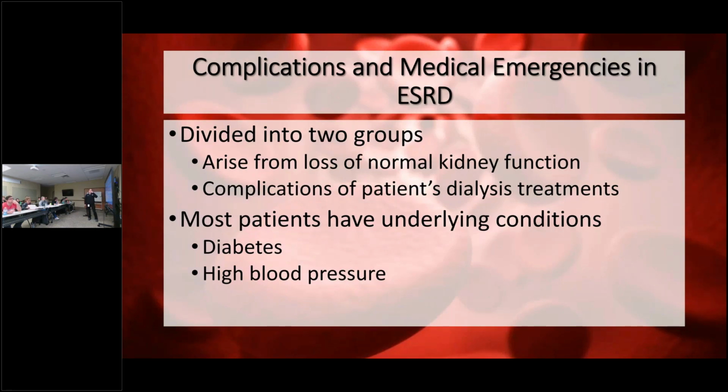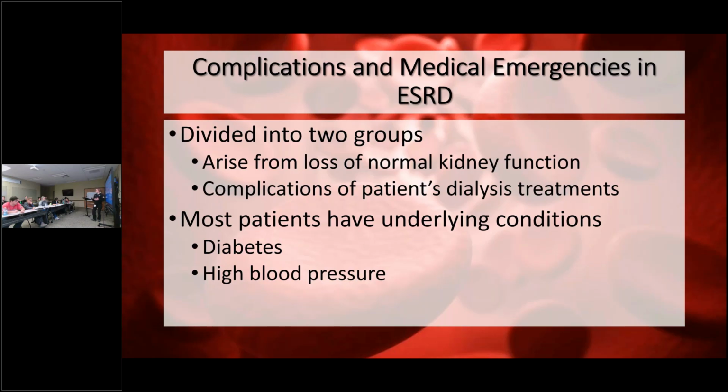So, all right. Complications and medical emergencies whenever it comes to renal failure, end-stage renal disease. Keep in mind that a lot of these patients have more than one thing going on. A lot of times there's something that caused them to go into renal failure, whether it's the hypertension or the diabetes, but then they could also be having complications of the actual dialysis, the backup of fluid, those kinds of things.